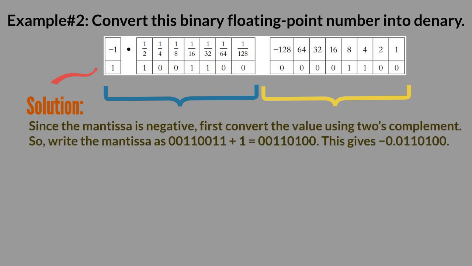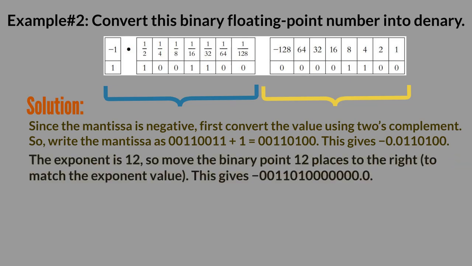Since the mantissa is negative, first convert the value using 2's complement. So write the mantissa as 00110011 plus 1. That will be equal to 00110100. This gives minus 0.0110100. The exponent is 12.